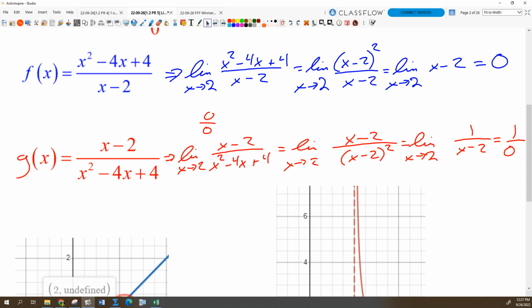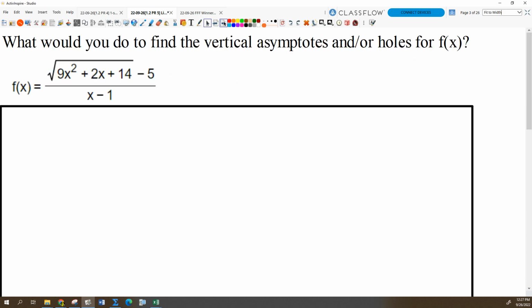That's a vertical asymptote. Okay? All right. So that just ties up a little hole, excuse the calculus pun there. That fixes the one last unresolved issue we had from 1.2 practice 4.